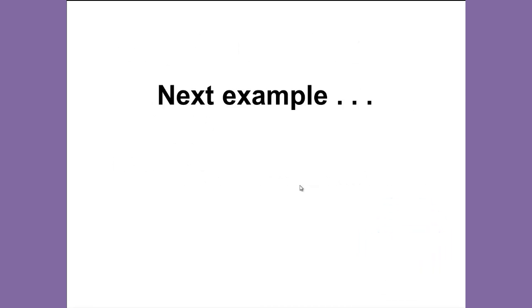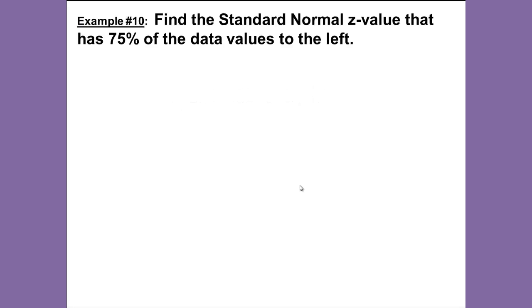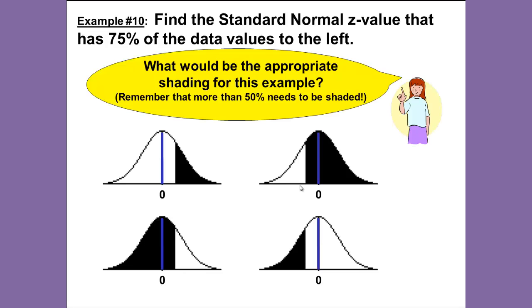We have another example. Find the standard normal z-value that has 75% of the data to the left. What would be the appropriate shading for this example? Remember that more than 50% needs to be shaded.